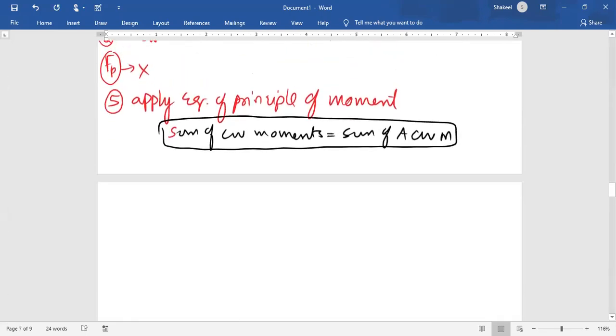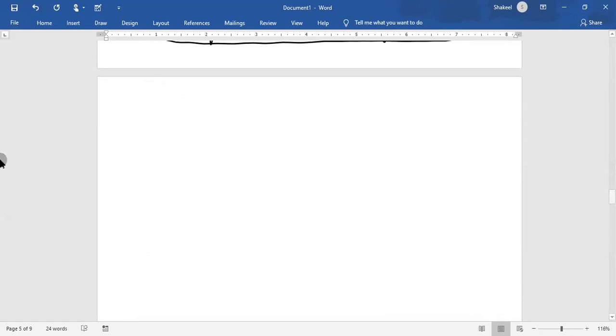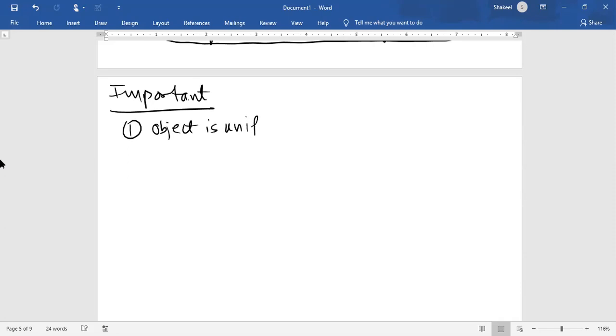What are the most important points for applying the principle of moment? Number one, if the object is of uniform mass, its center of gravity will be at the geometric center.